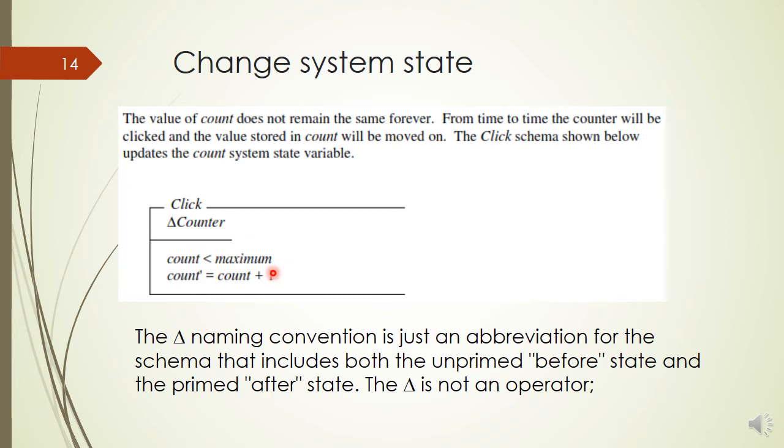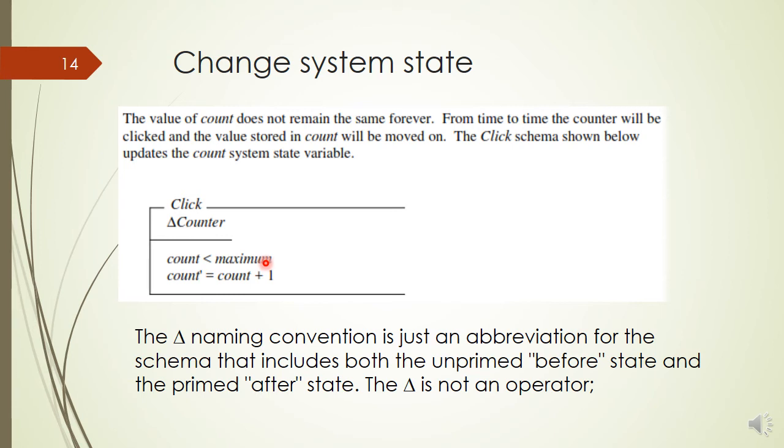And in order to specify any kind of operation in a Z specification language, we have to use an operation schema, and operation schema also has its name, and we write here the operation name click, which is used to add a count in a system state variable count.